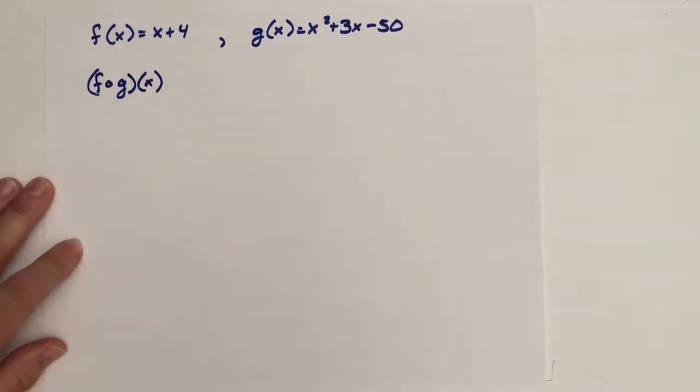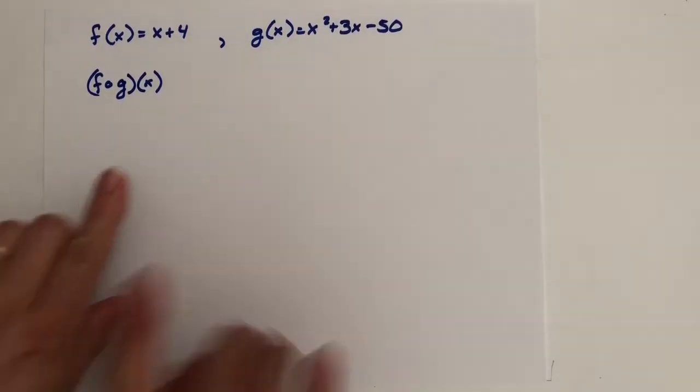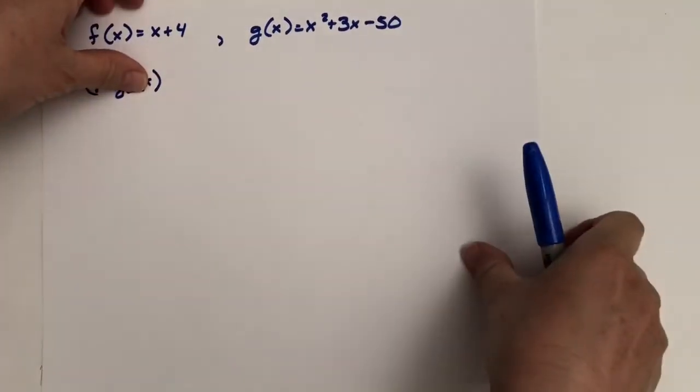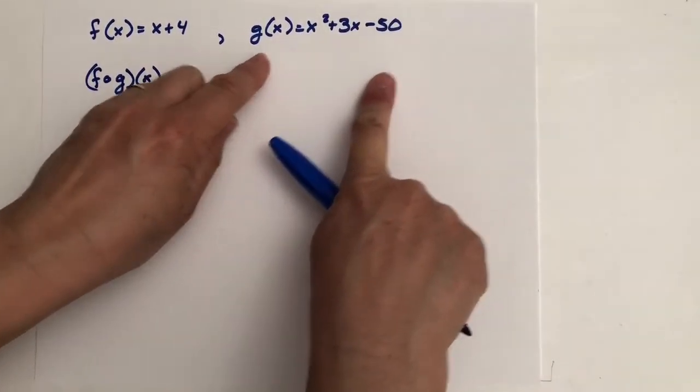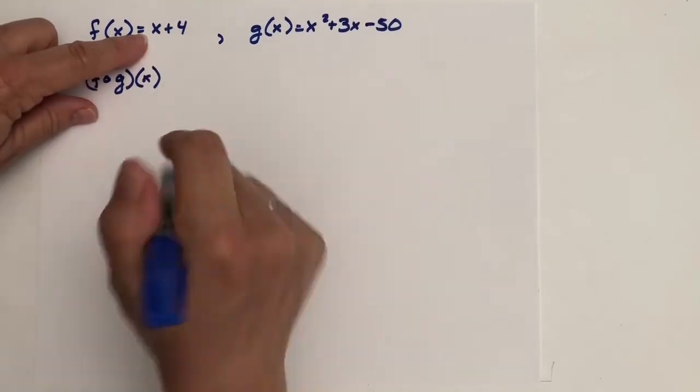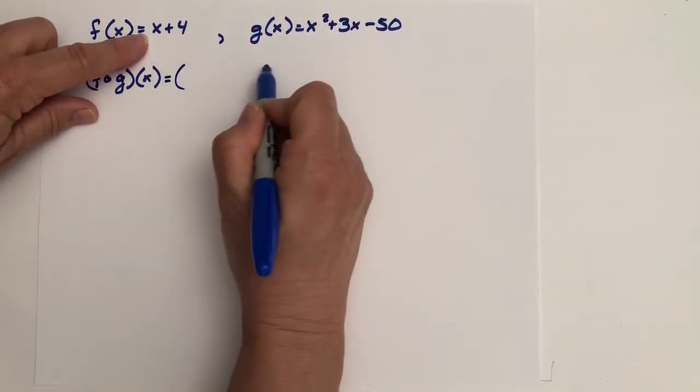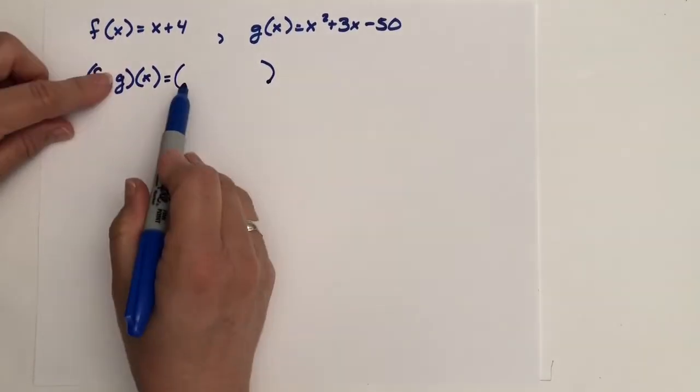I hope you see where we're headed. We've done a few. Do you know which function is being substituted into the other one? Right? Our g function is our inner function now, the one on the inside here. It's going to be substituted into the f function. So we replace x with g.